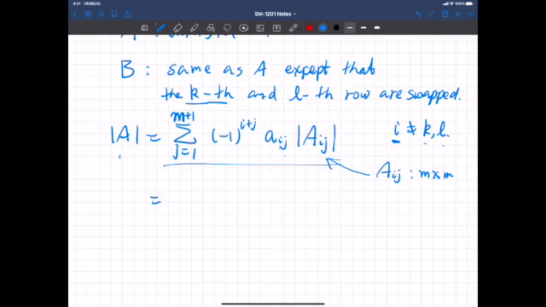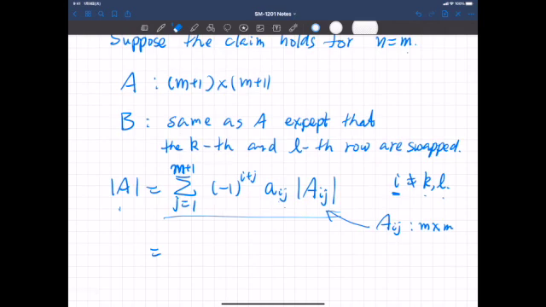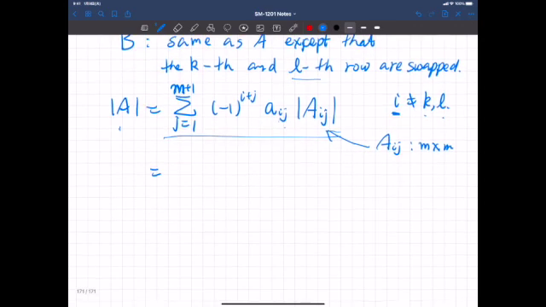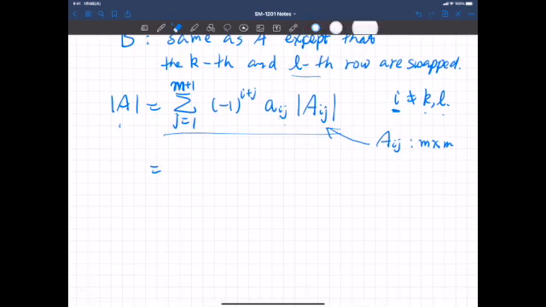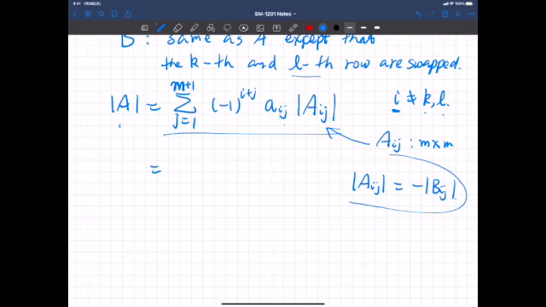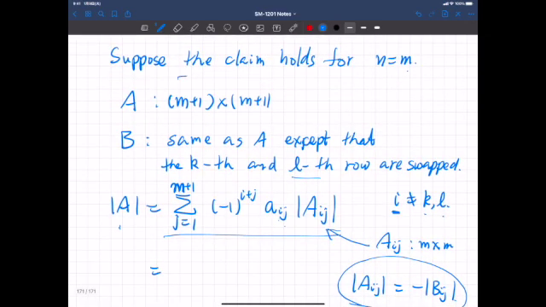Okay, so that means, let's see. That means if we swap the row corresponding to the kth row of the original matrix and the lth row of the original matrix, then we should have this A_ij equal to negative B_ij, because of the induction hypothesis.